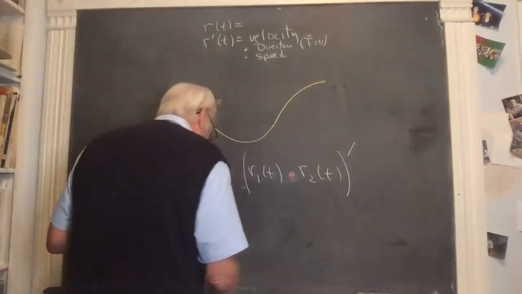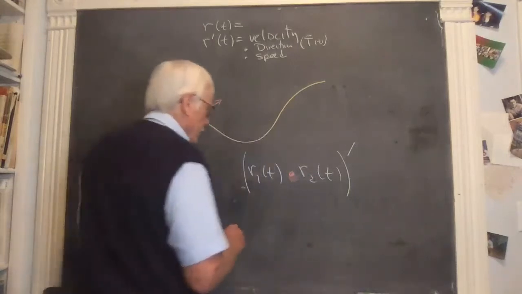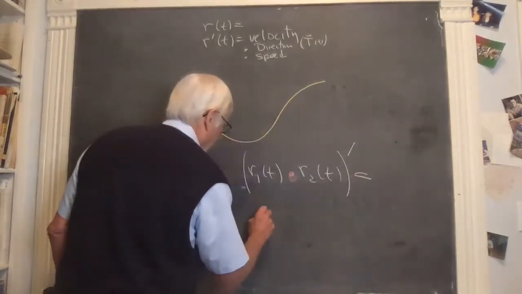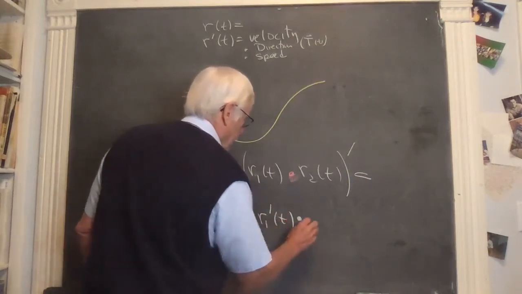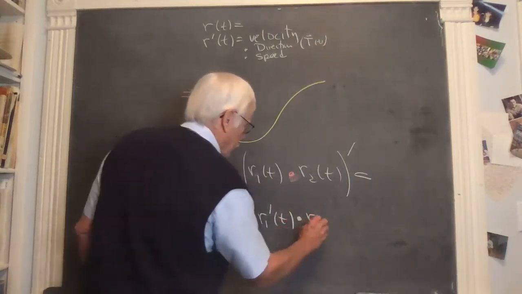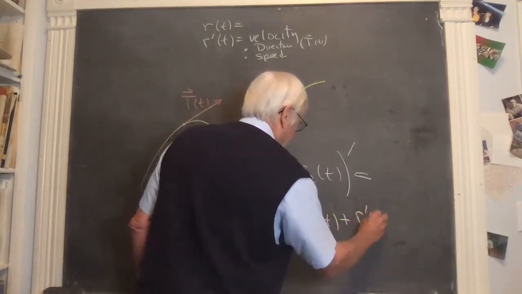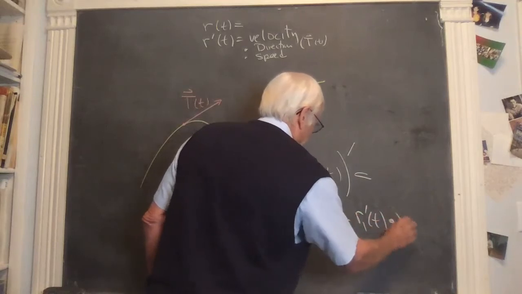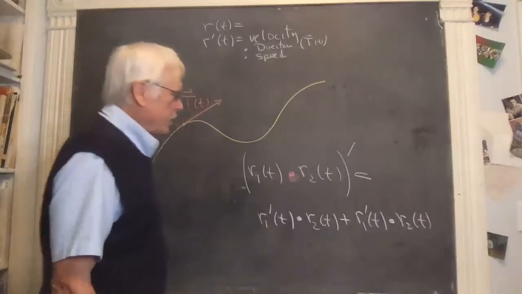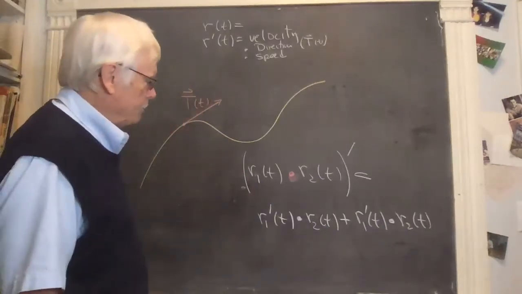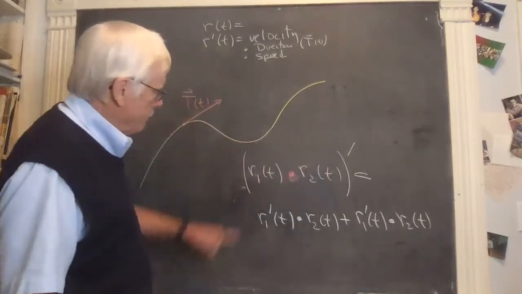But that's exactly how it works here. So this is equal to the derivative of the first, and not times in this case, but dot the second, these are vectors, plus the first, R1 prime of t, dot the second. So there is the dot product derivative formula for vector functions.